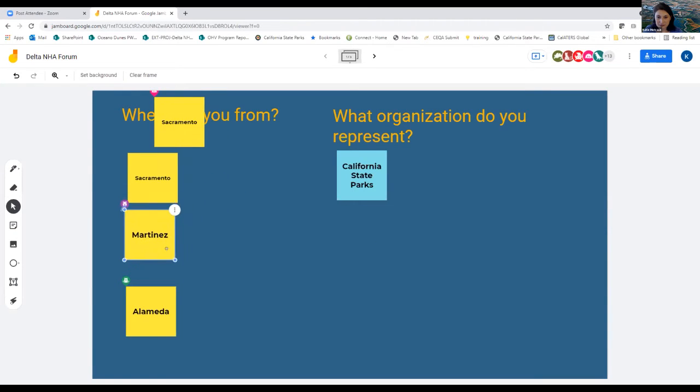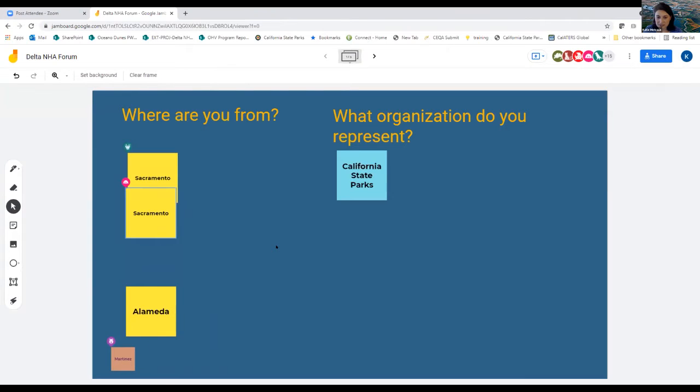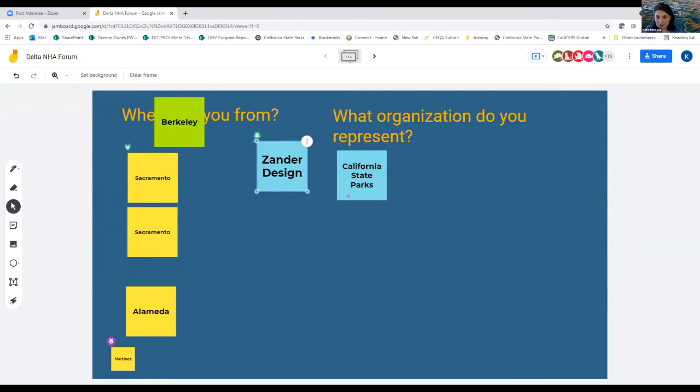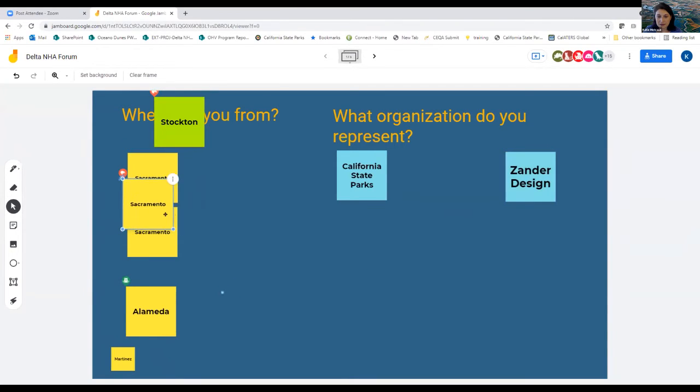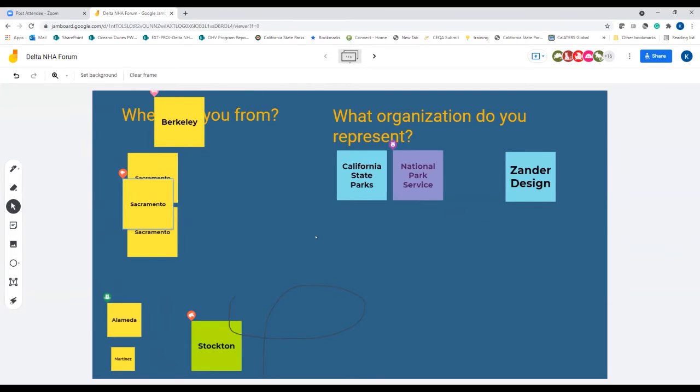I'll just move you down. Wait, Martinez, Sacramento. Standard design, cool. Katie, Sophia is our contractor for the Great Delta Trail Master Plan. Oh, awesome. Sophia at Xander Design. Oh, great, great.